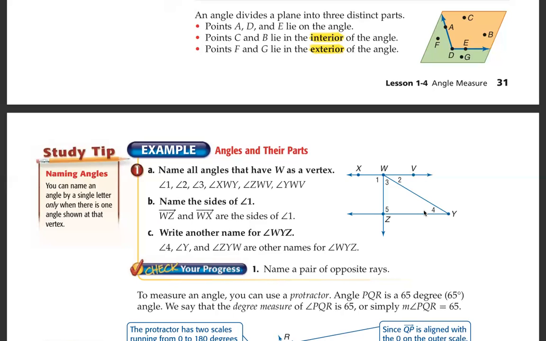Aside from WYZ, you can name it as angle 4. Since it's the only angle using Y, you might as well name it as angle Y. Or you switch the first and the third letter, same: ZYW. That's another name of the given name, angle WYZ. Clear? So there's another name. Okay.